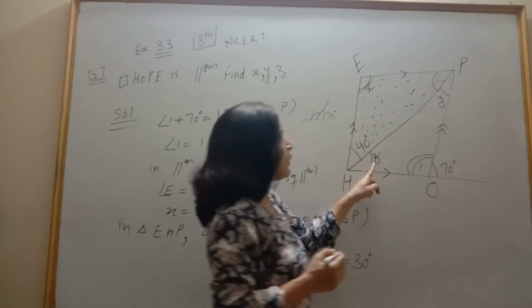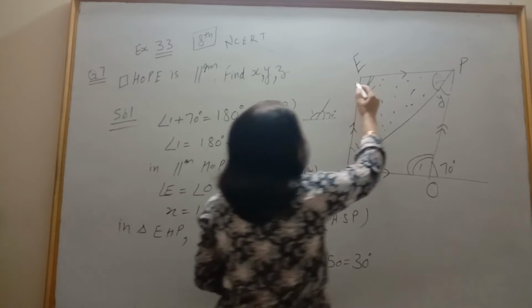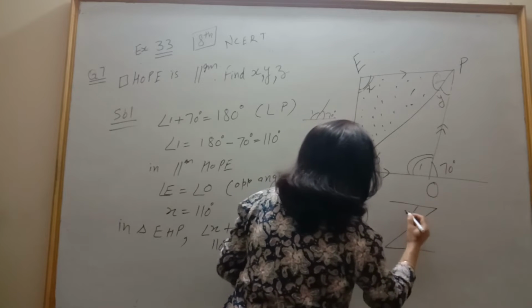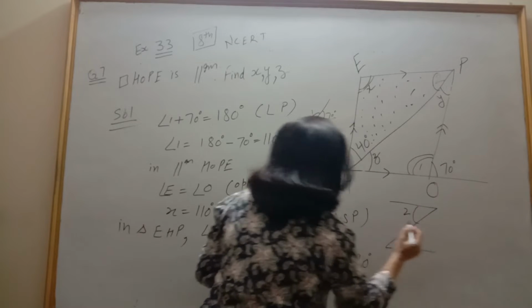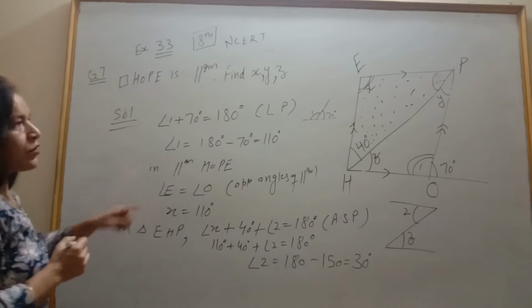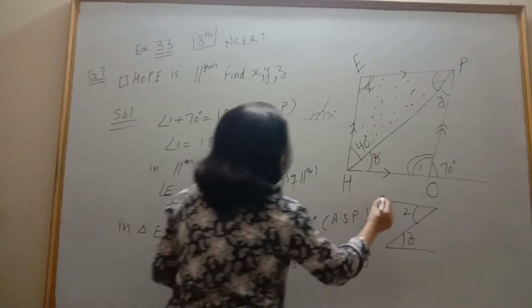If you find angle 2, then what? Like this, it's 2 and it's Z. EP is parallel to HO. So angle 2 is equal to angle Z, alternate angles.